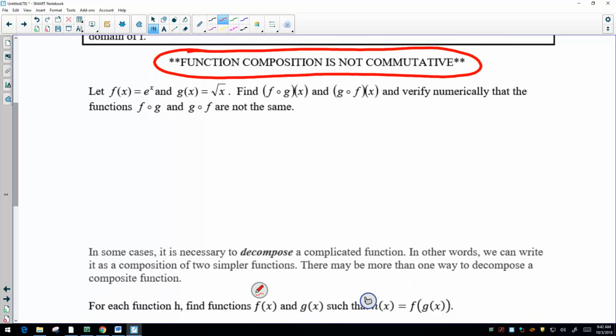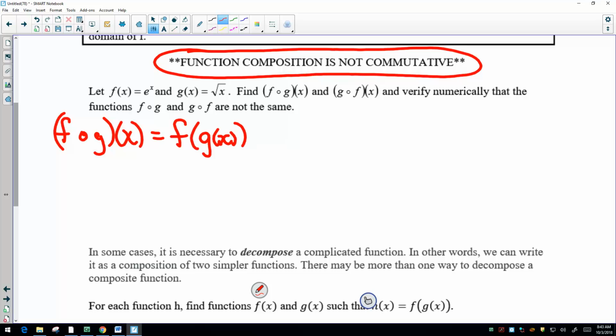Okay, so we're going to take the two functions, e to the x and the square root of x, and we are going to compose them. So the very first thing we're going to do is find this f of g of x, which keep in mind is a different way of writing it like this.